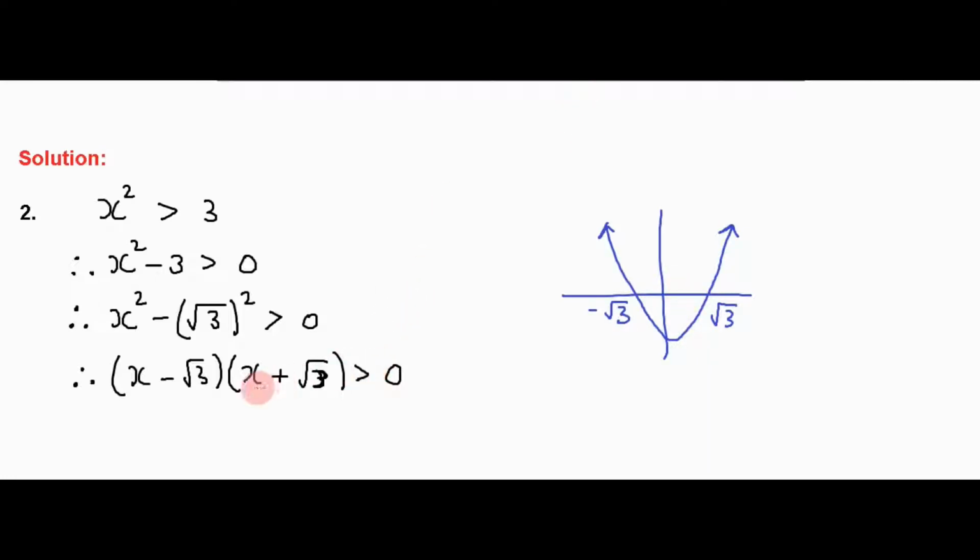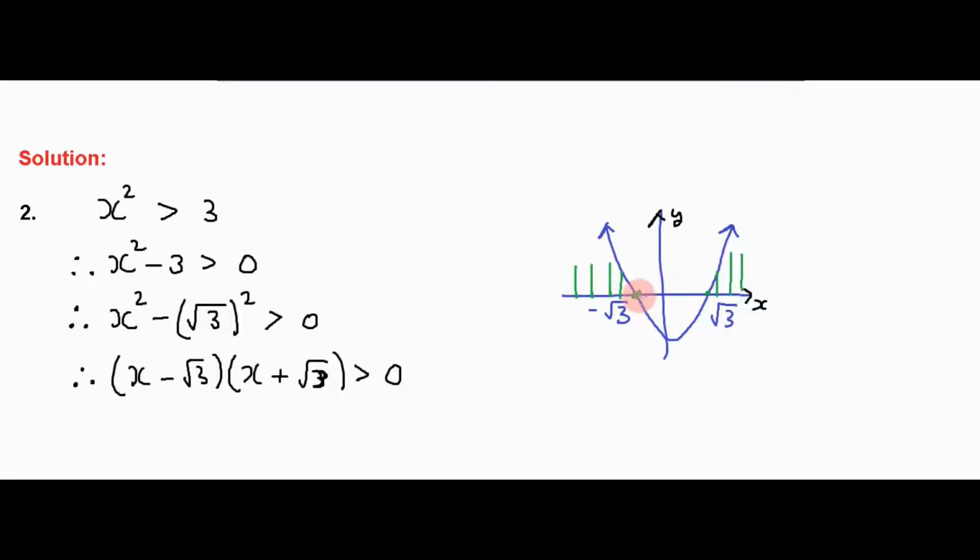We want to know where the graph of y equals x squared minus 3, in other words, this parabola, is greater than 0 or positive. So where is it above the x-axis? And we can see that to the right of the square root of 3, it rises above the x-axis, as well as to the left of minus the square root of 3.